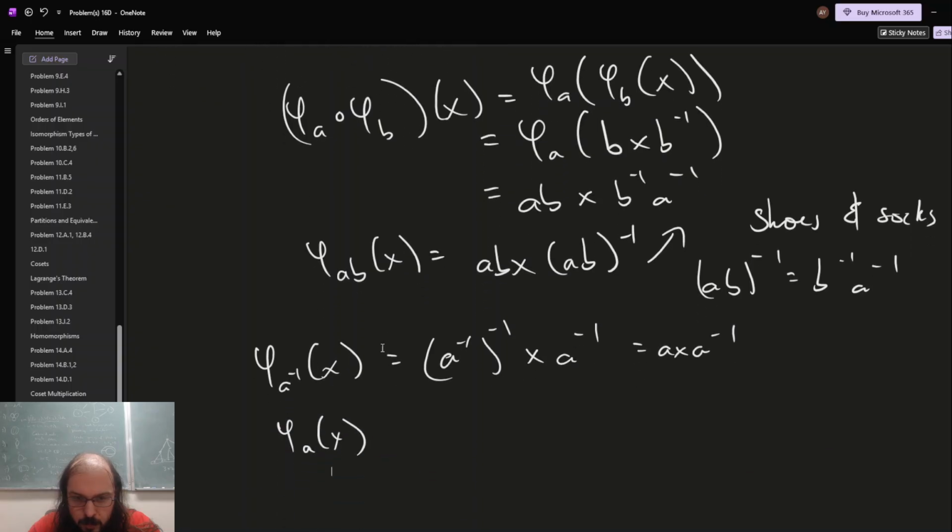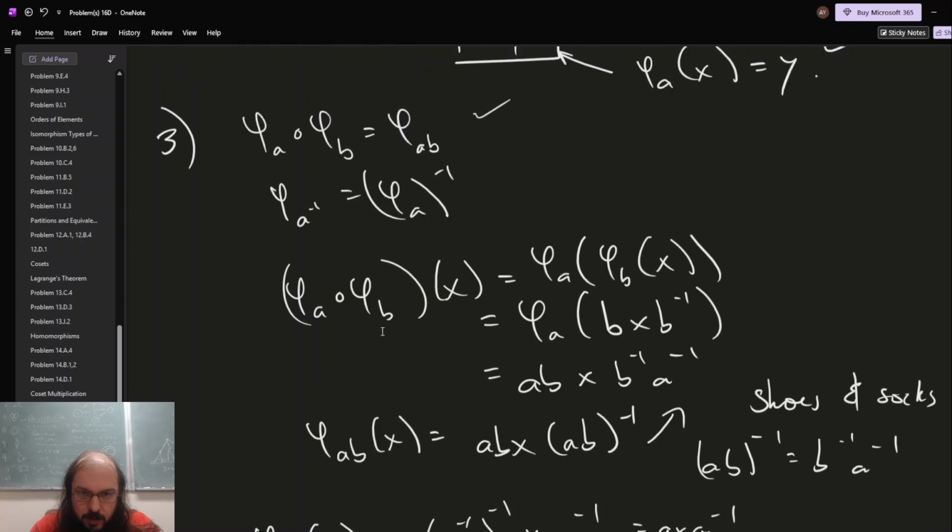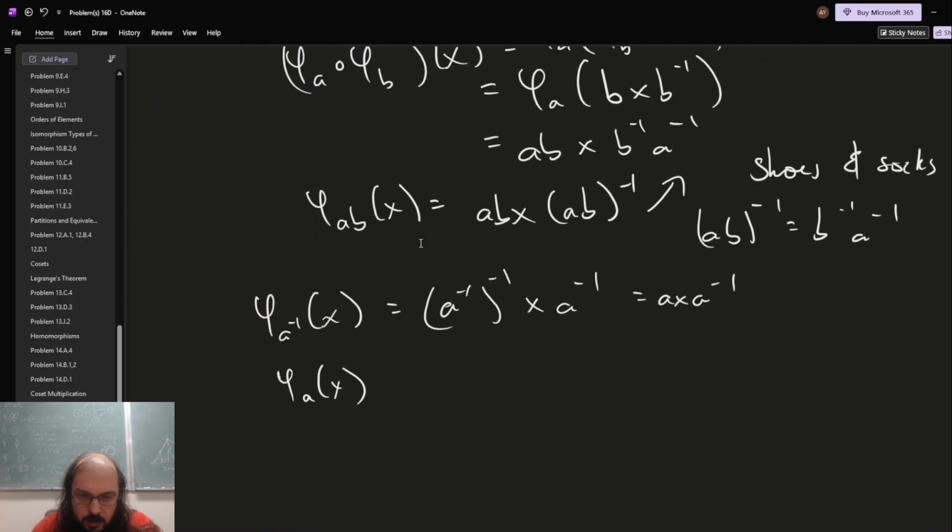Oh yeah, it's right. Because phi of A inverse the map, it doesn't mean phi of A inverse of X inverse. This is the inverse map. In other words, what is the function that undoes this? And the easiest way to see that this is the inverse of this is to just calculate it. In other words, to just plug this into that.